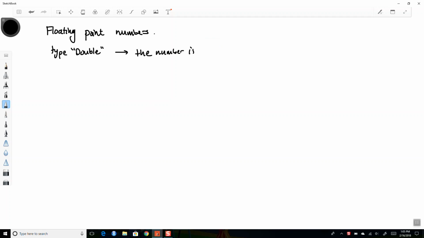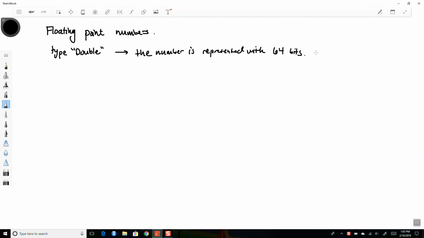Okay, so today we're still talking about floating point numbers, and this is basically how in R we have type double, right? Type double means the number is represented with 64 bits, okay?